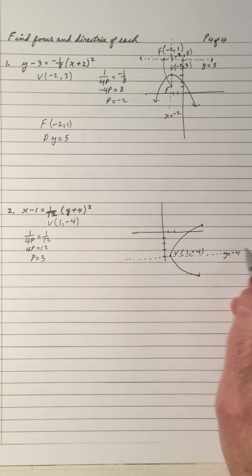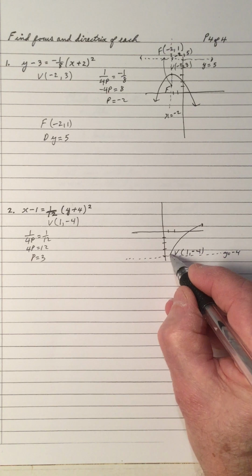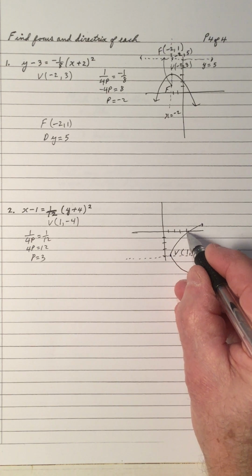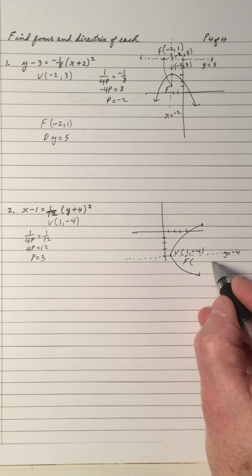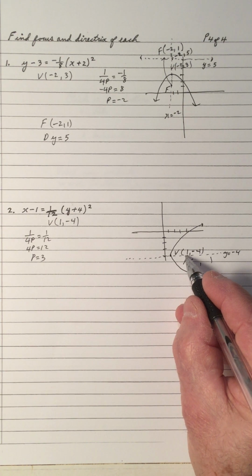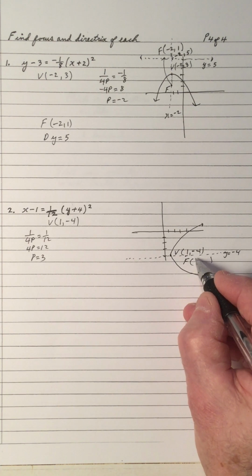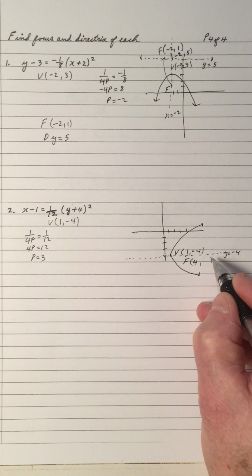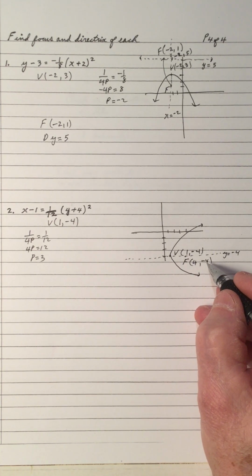So p is 3, so that's 1, 2, 3. So the focus is right here. So that focus is moving sideways. So if that's 1, negative 4, add on 3. So 1 plus 3 is 4, negative 4. So the focus is 4, negative 4.